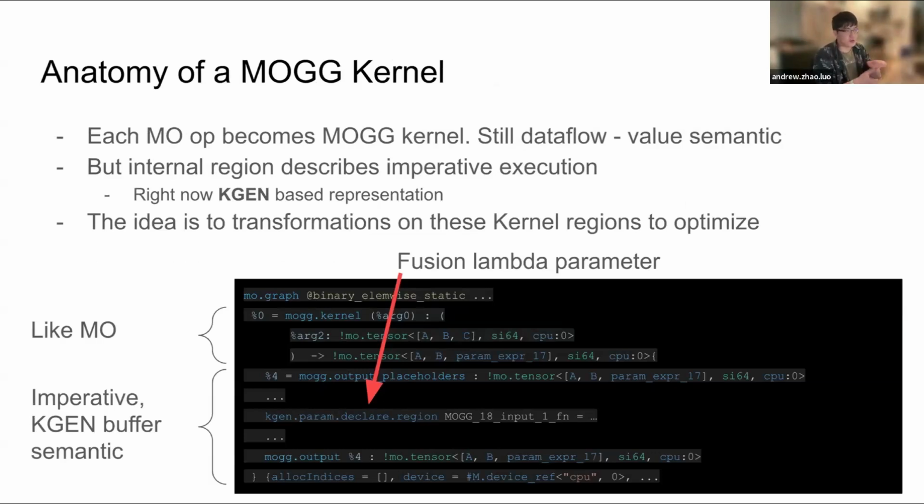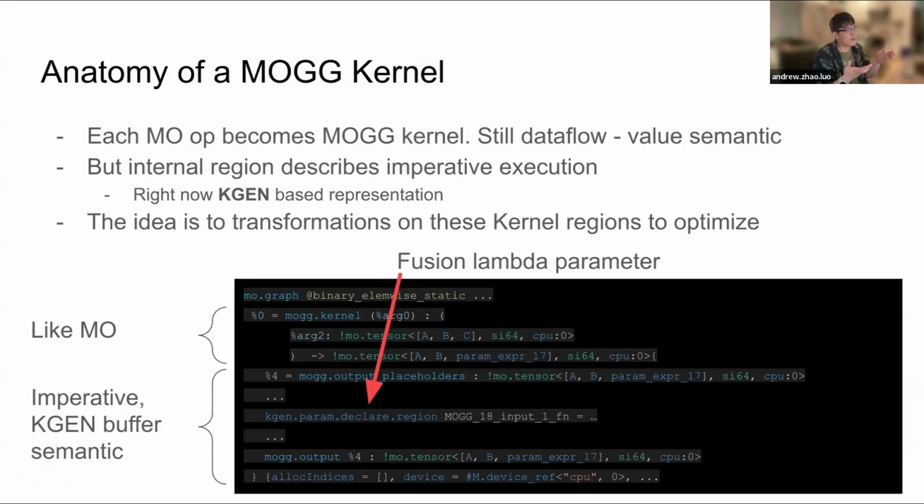We have these body regions, which represent the implementation of these operators. Internally, they describe imperative execution. So the main idea is that within this body region, you have something that represents how the kernel is implemented. And then you have a set of transformations that can optimize these regions and implement things like fusion or specialization or dealing with these magic parameters we described previously.